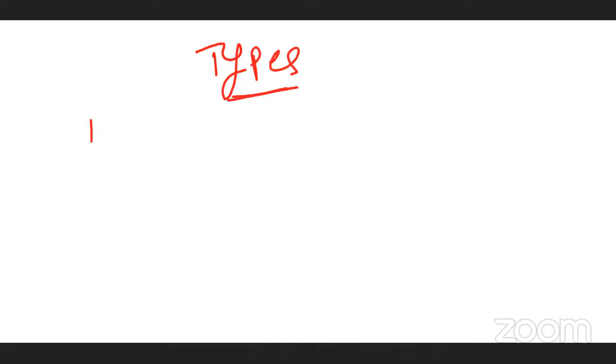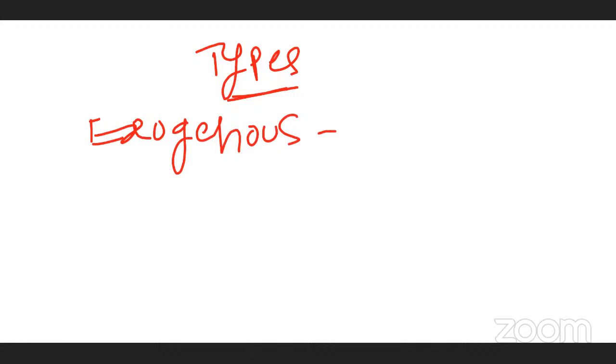First of all, exogenous seed dormancy, later endogenous seed dormancy. First one, exogenous seed dormancy. In this, the first one is physical and the second one is mechanical. First, let's see the physical.